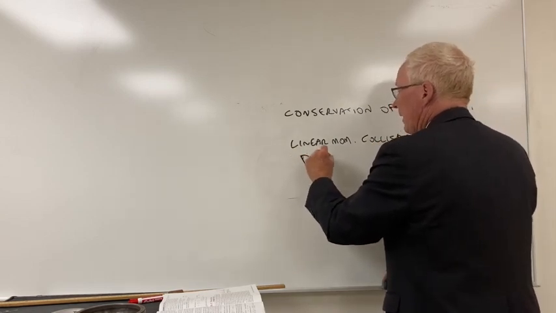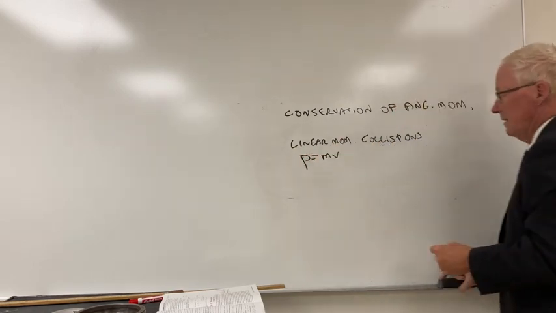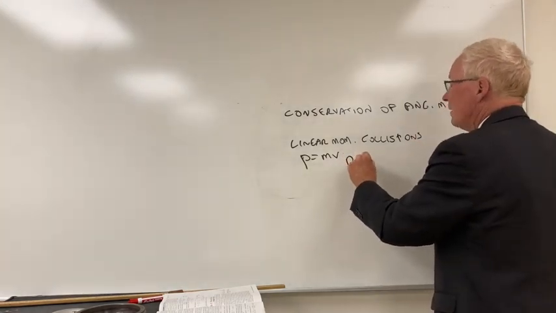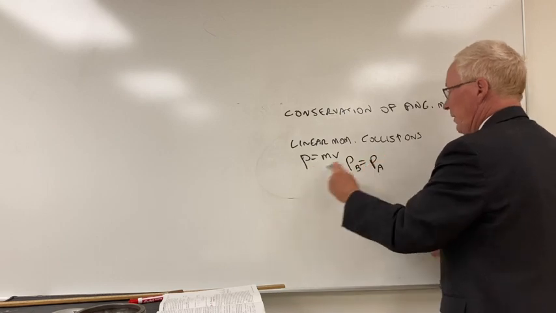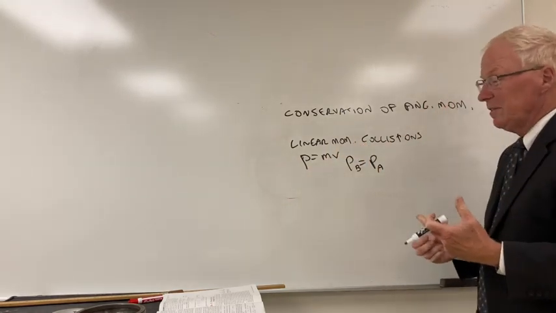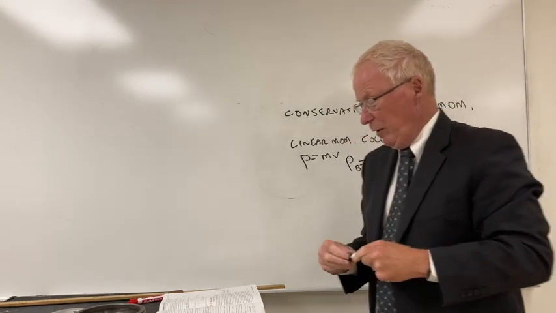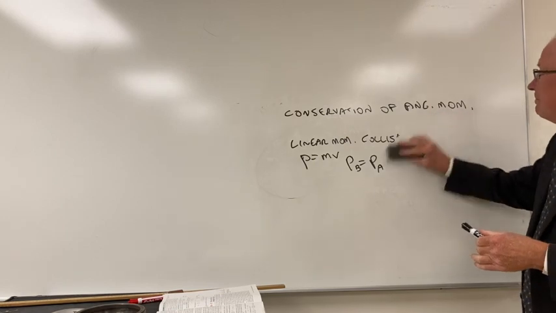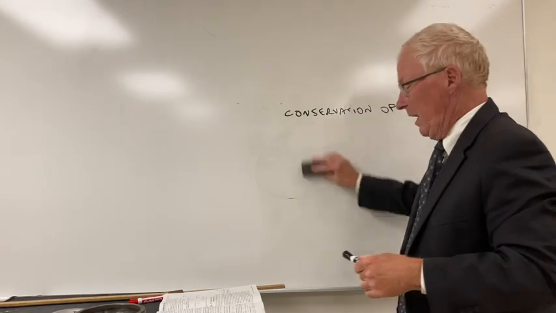Momentum is given by mass times velocity. And in collisions, momentum before equals the momentum afterwards. When two objects collide, the momentum before and afterwards is the same. Now we can do this same thing with conservation of angular momentum, but with just one object.